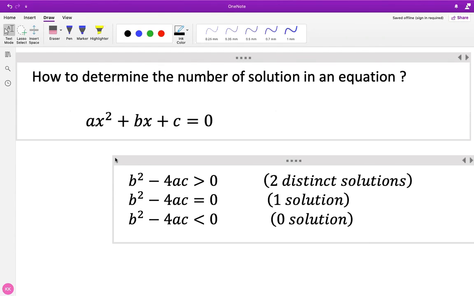As I mentioned before, if the number inside the square root is greater than 0, we expect to see two different solutions. When the number inside the square root is equal to 0, we only get one solution. If the number inside the square root is less than 0, we don't get any solution.